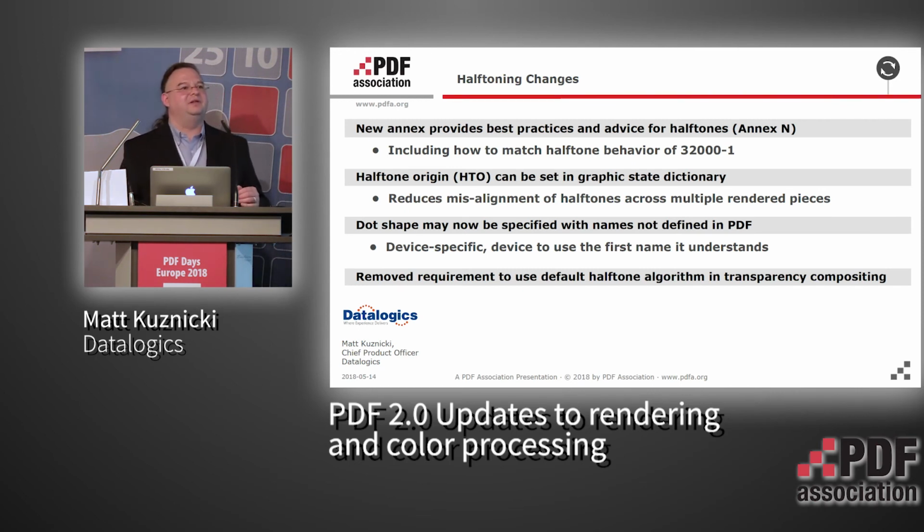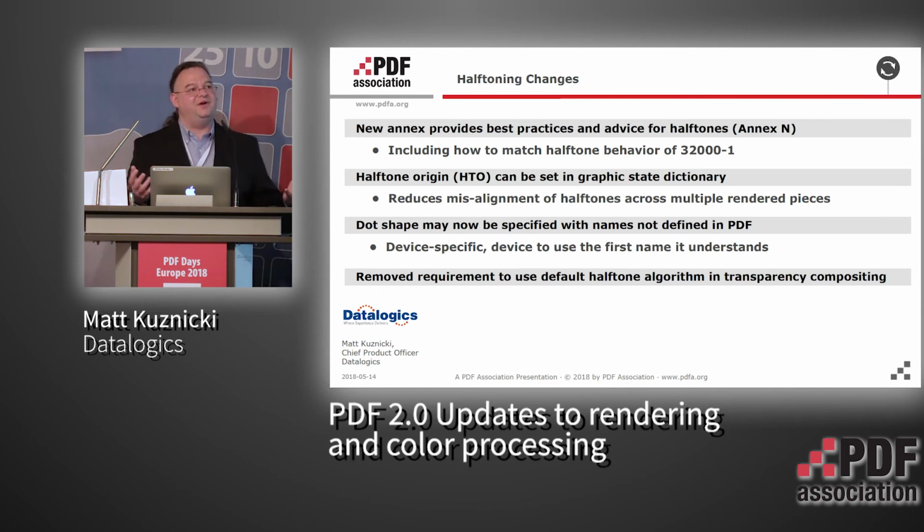Specifically, there was a requirement in PDF 1.7 that when halftones and transparency interacted for compositing, you had to use the default halftoning algorithm for that operation, which we found over the past decade is just not nearly flexible enough for applications in the PDF rendering space. So in PDF 2.0, that requirement has been removed.